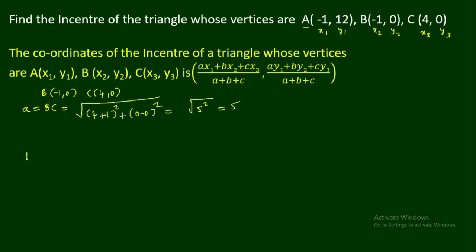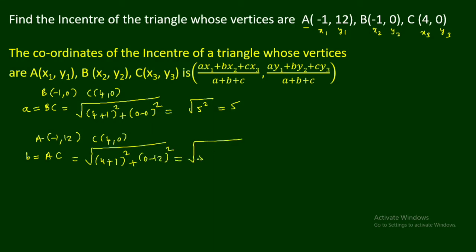Next we have to find small b, which is the side opposite to angle B, which is equal to AC, where A is (minus 1, 12) and C is (4, 0), which is equal to root of (4 minus of minus 1) whole square plus (0 minus 12) whole square, that is equal to root of 5 square plus 12 square, which is equal to root 169, which is equal to 13.